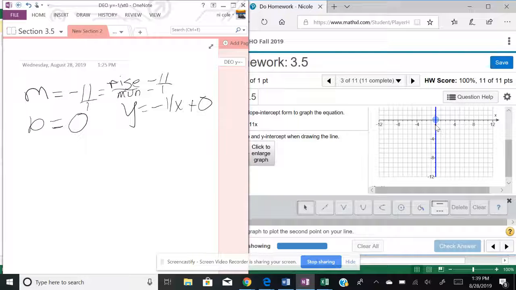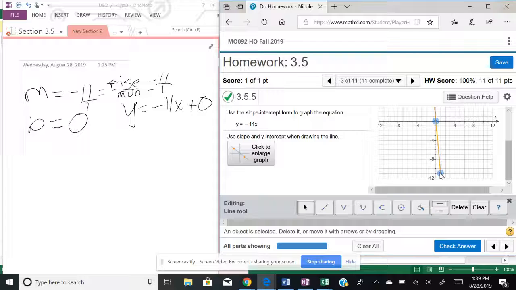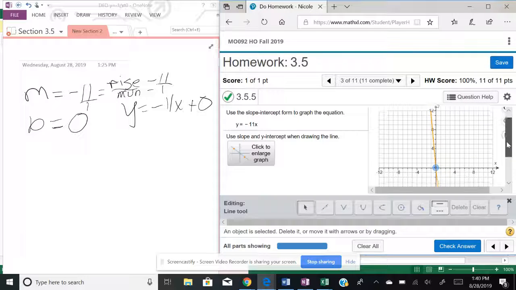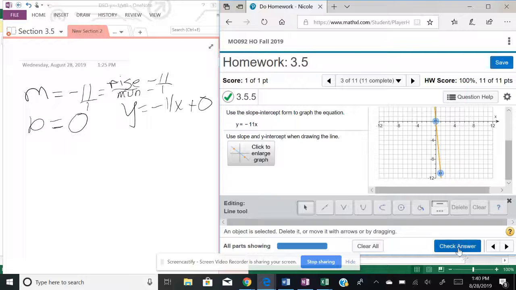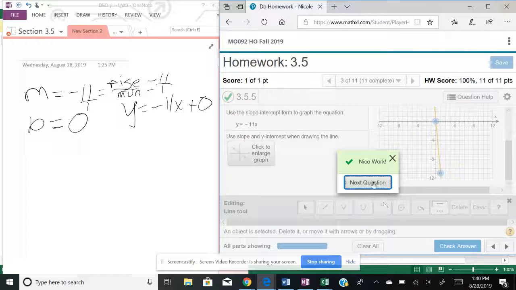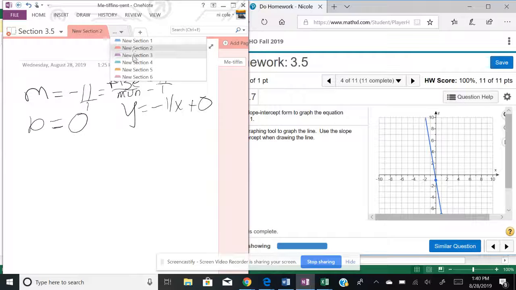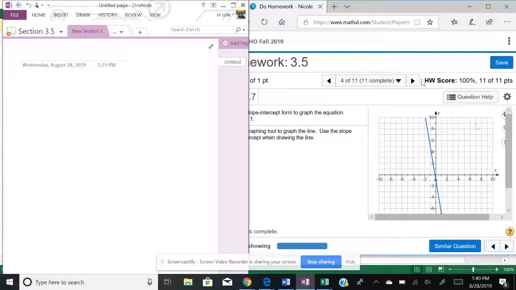So here I'm going to go 1, 2, 3, 4, 5, 6, 7, 8, 9, 10, 11, and then I'm going to run 1. Is my equation negative? Yes. Am I going in a negative direction? Is my slope negative? Yes. Now let me check. Fantastic.